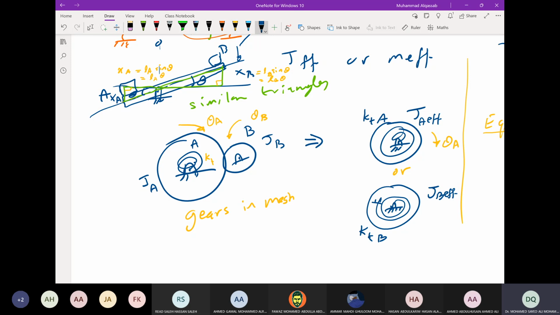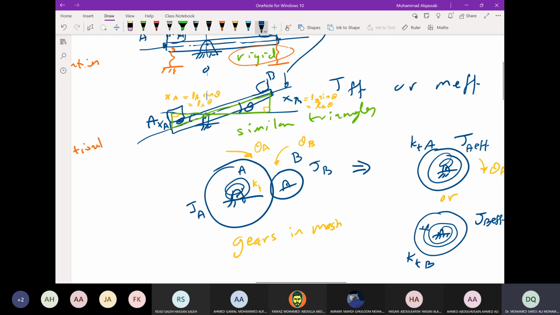Okay, so how to get the equivalent system is by using the kinetic energy.